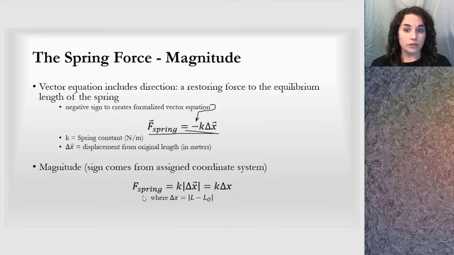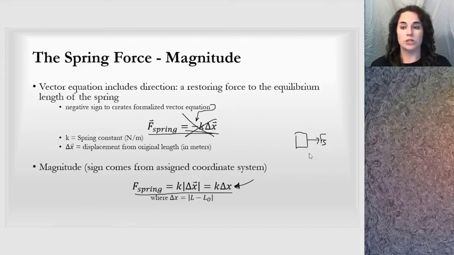In calculations and free body diagrams, I use the magnitude of the spring force, just K delta X, and I don't worry about the vector equation, because when I draw the free body diagram, I draw the direction of the spring force, and the positive or negative sign won't come from this equation. It'll come from the fact that I've defined positive or negative by a coordinate system. Then I can set it equal to K delta X in the equations. So we have the direction and we have the magnitude.